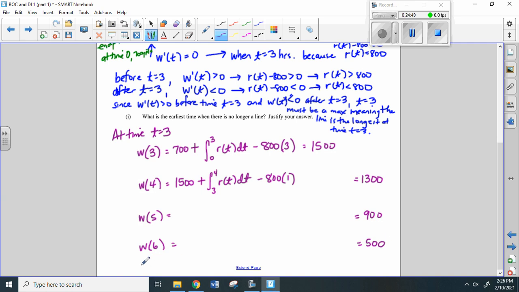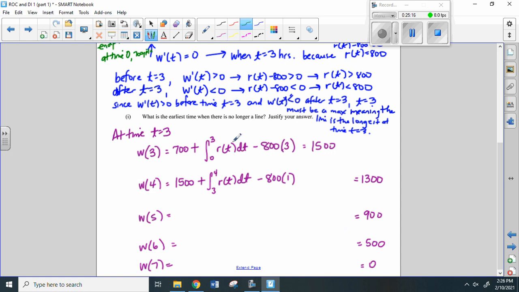And then if you keep going, at time 7, you do in fact get 0. So what does that mean? That means 7 hours after the ride opens, there is no longer a line, okay? So I encourage you to go back and practice and make sure you get these values, so that you're getting a good idea of how this works.